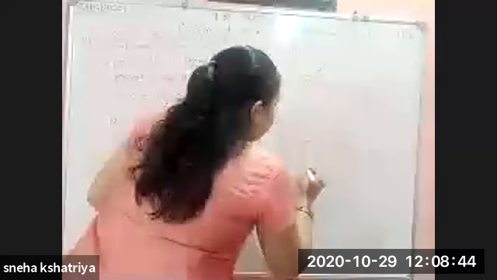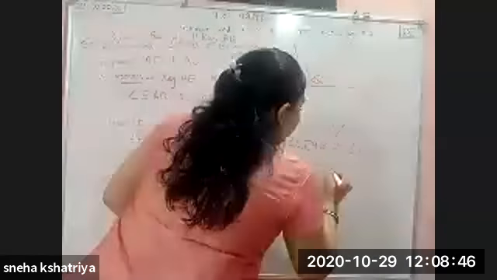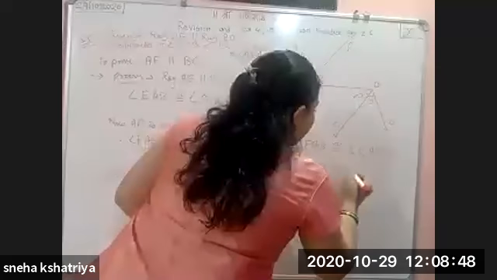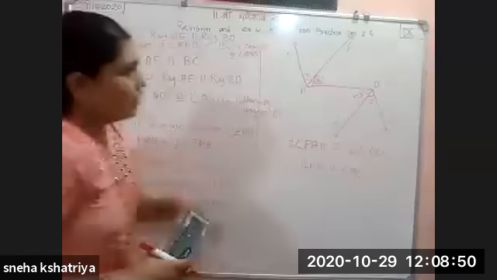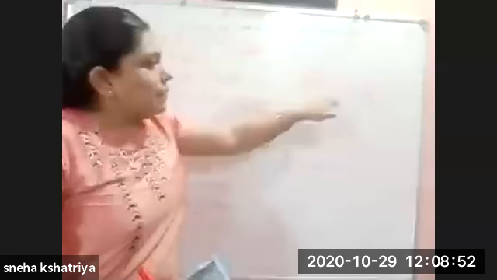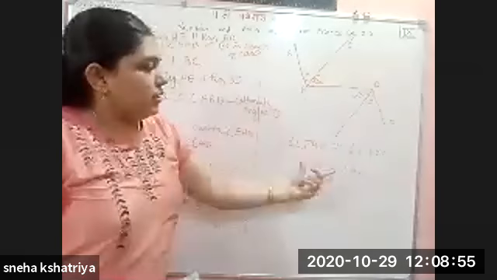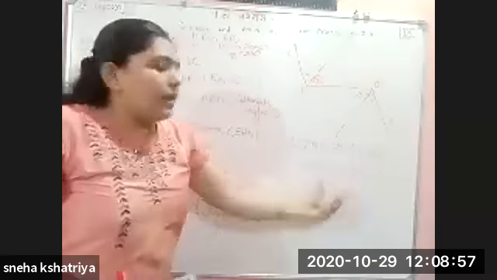So this 2 gets cancelled. We get angle FAB is congruent to angle ABC.